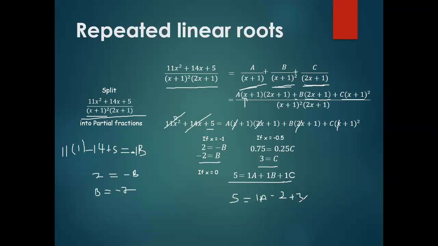So 3 minus 2 will be 1. And then when we do a change of subject, or 1 goes to the other side, a should be equal to 5 minus 1, which equals 4. Okay, so the value of a is also equal to 4. So like we are saying, this is one approach to doing this.